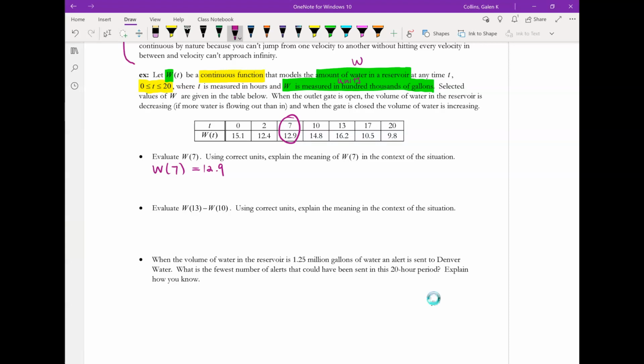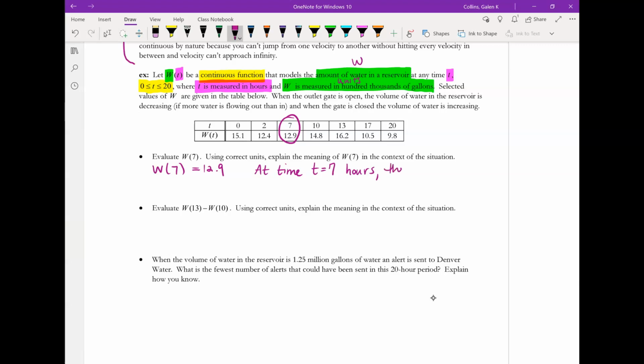And then we know t is time, so the t value is going to be a time, and it's measured in hours. Those are our units. So to interpret this in context, we could say at time t equals 7 hours, then we want to describe w.